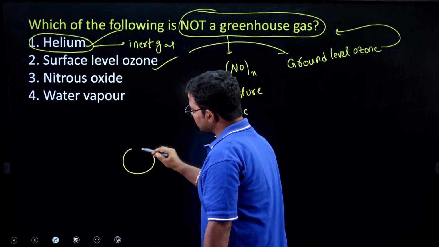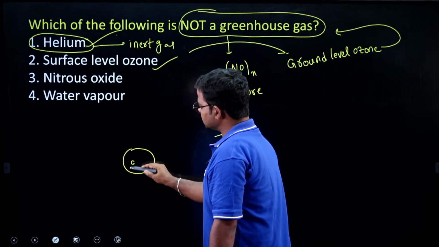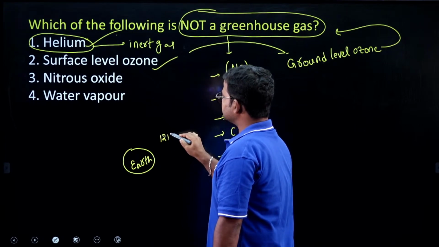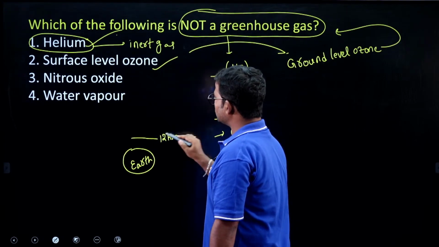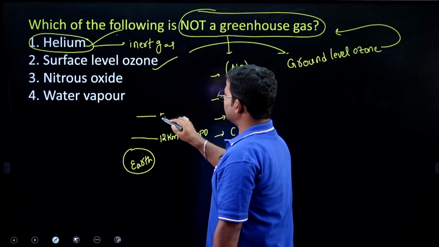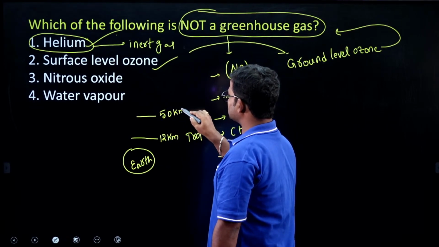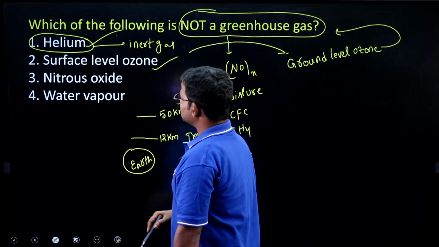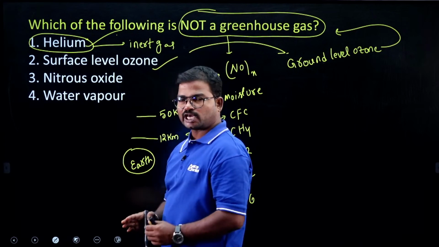So here guys, if you consider the planet, let's consider this is Earth. Up to 12 kilometers is considered the troposphere. Next, up to 50 kilometers is considered the stratosphere. Majorly we have two types of ozone.